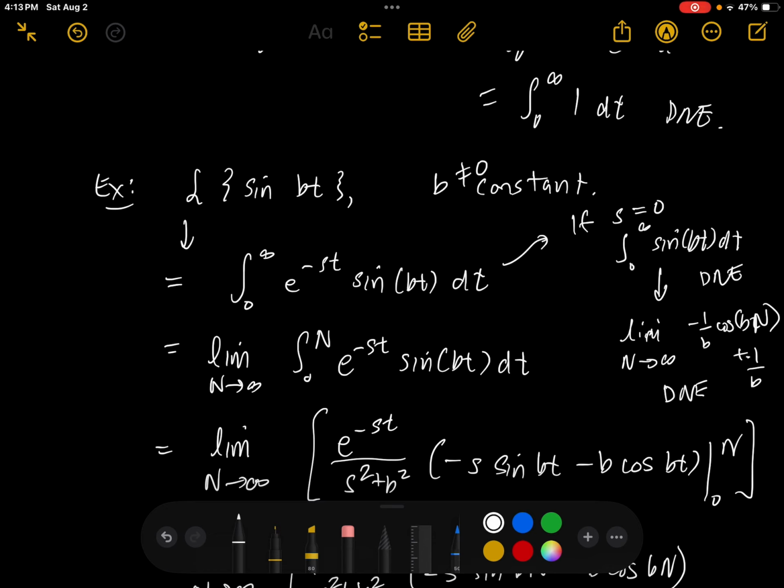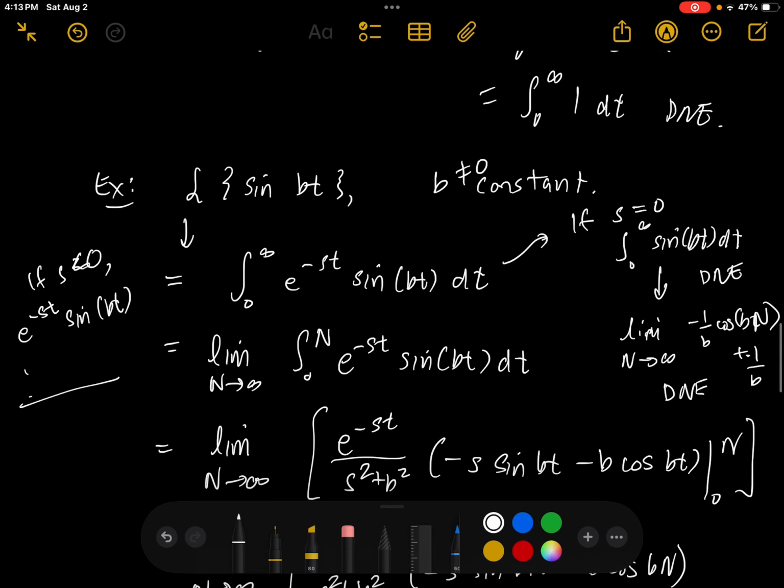So as t goes off to infinity, it's going to get bigger and bigger, then more and more negative, then more positive, then more negative. So the integral is not going to exist.